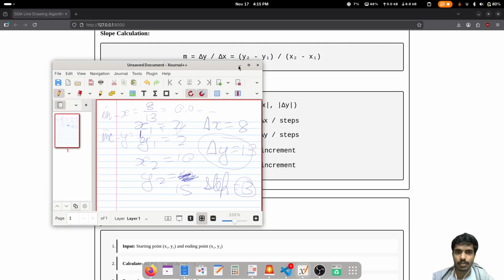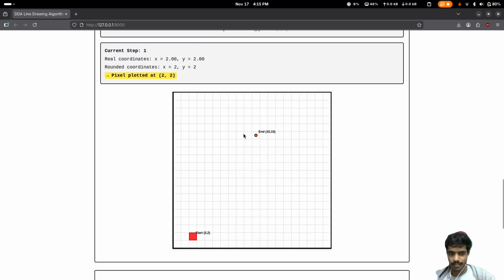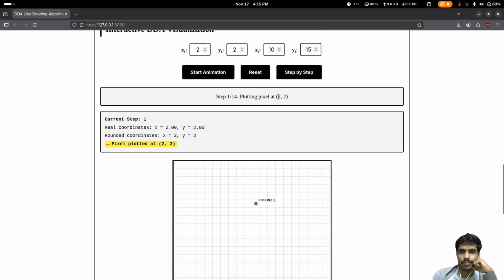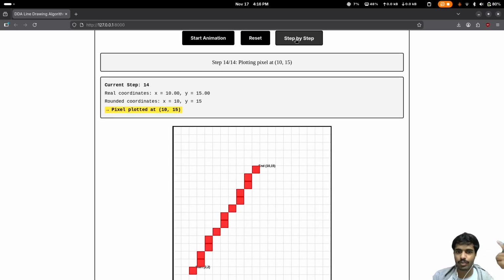You can see it visually too: the y has much more space than x. So y will move much more in whole numbers rather than x. It is just setting out how many steps you have to take. If we run it step by step, you can see that it is taking much bigger steps on the y to reach the end goal.